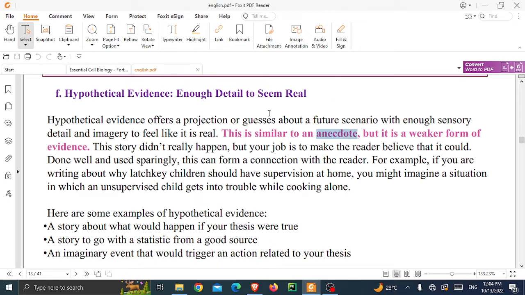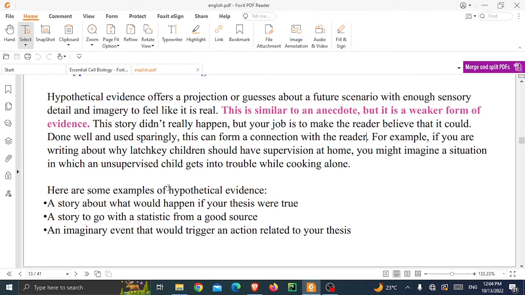But the real difference, the main and the obvious difference, is that anecdotal evidence is the stories that actually happened from past experience, and the hypothetical evidence is like you are stating that hypothetically, if my research is true, if this continues, if the icebergs, for example, continue to melt, some countries on the shore are going to sink underwater, and that will happen if the icebergs continue. So that is the hypothetical evidence, enough detail to seem real.